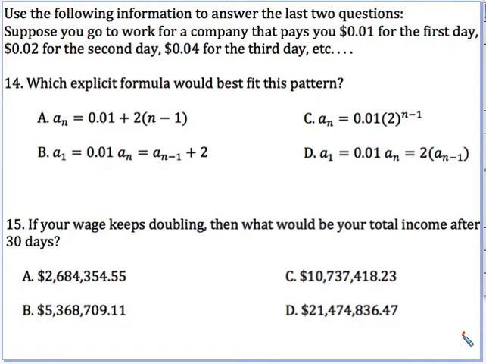You need to know your a1, your first term, is 0.01. Notice all 4 of those options have 0.01, and they have a rate of 2 here and a common difference of 2 there. So which one of those will work?